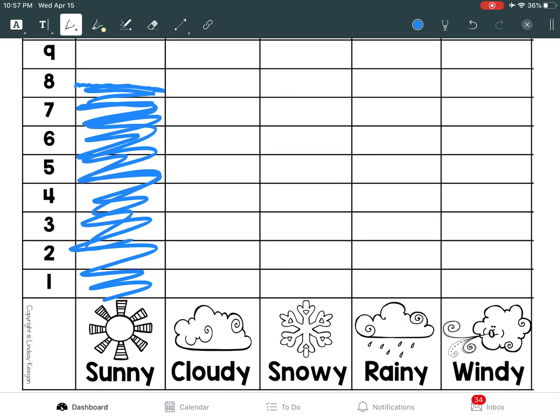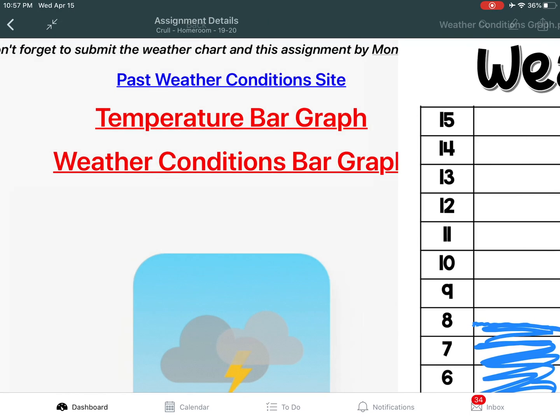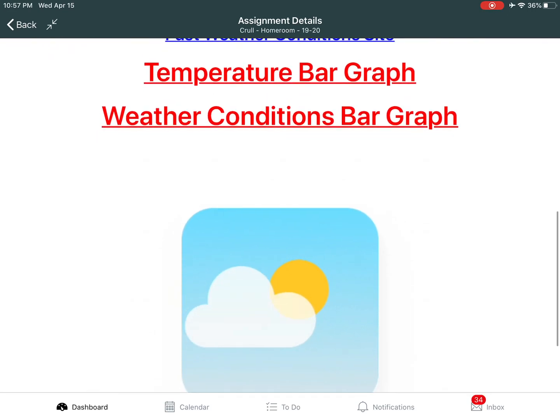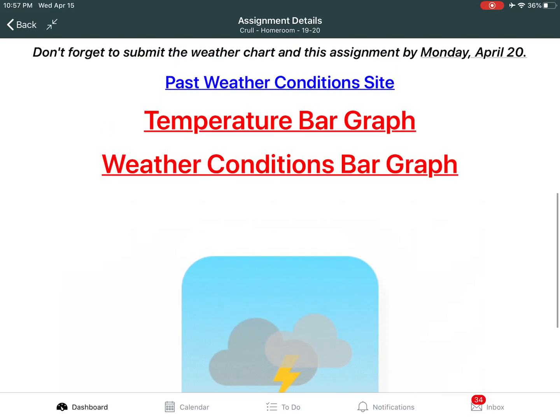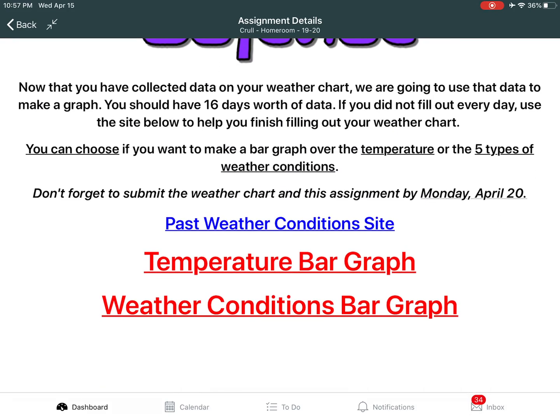Does that make sense? All right. So there you go. So that's another one you could do. So you just need to choose which one of the weather charts you want to make, the temperature bar graph or the weather condition bar graph. All right, but you'll need your weather chart to do that.